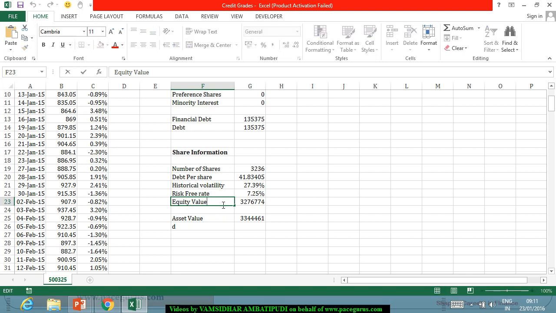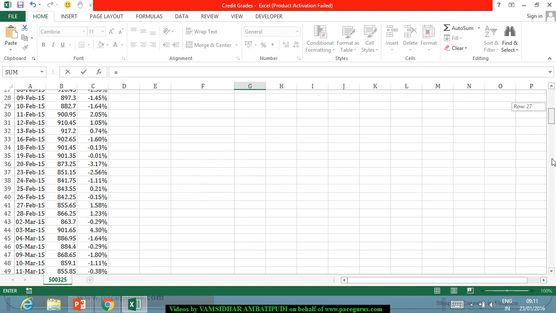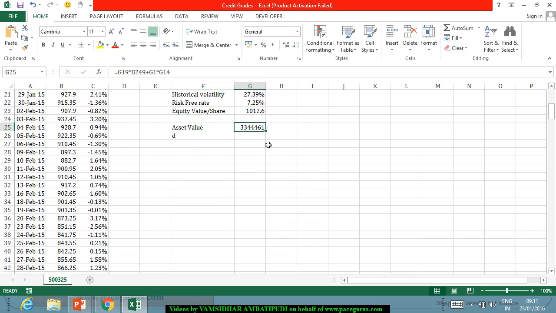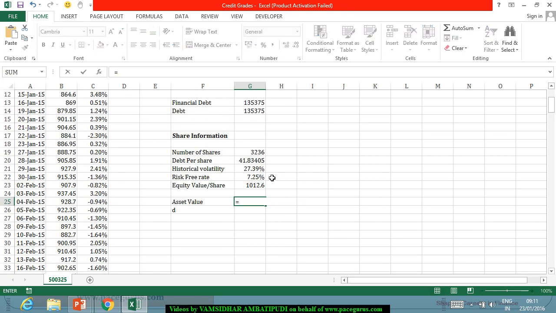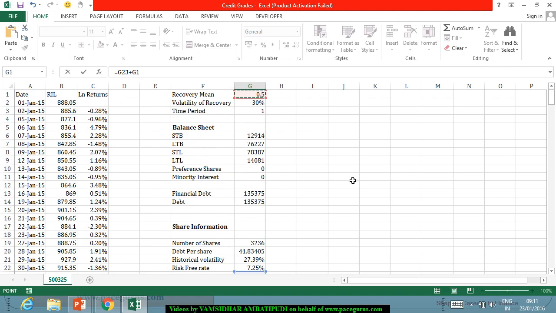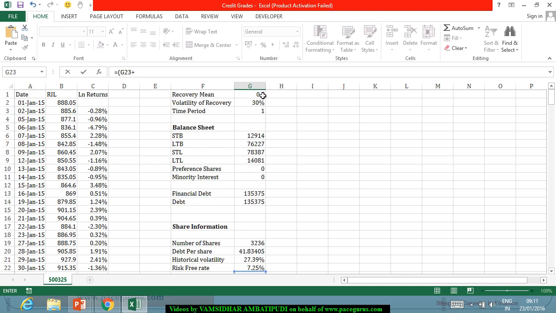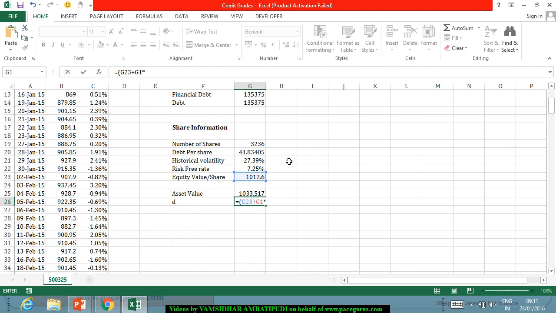So equity value, I'll say per share only, wherein I can directly use the last day's information. So this is the equity value per share. So here I'll do the asset value as equity value per share plus pi bar times the debt per share. So this is coming out to be my asset value. The D also I'll go with equity value per share plus pi bar times the value of the debt per share.